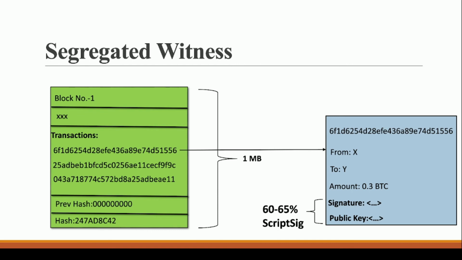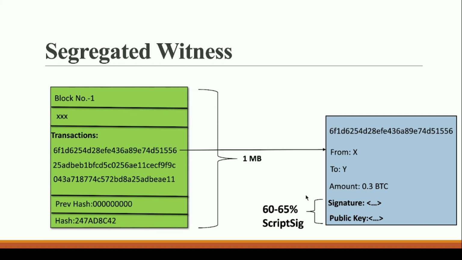So this was the suggestion that was adopted, and this signature and public key is therefore known as segregated, because they have been detached from the block and are now sent separately in the Bitcoin network.